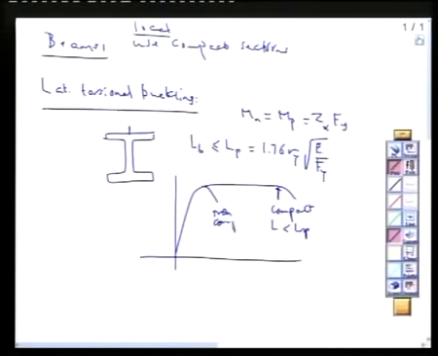It reaches what? It reaches yield. By the same token, we say that L equals Lr. If at any point we reach yield, then L equals Lr, and Mr will be equal to 0.7 Fy multiplied by Sx.